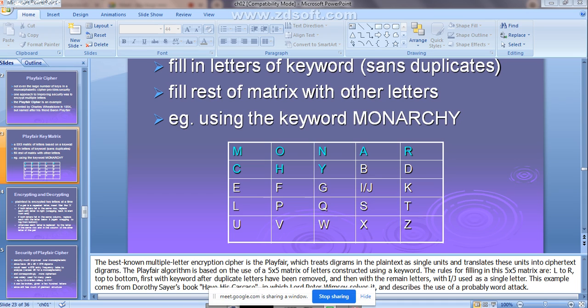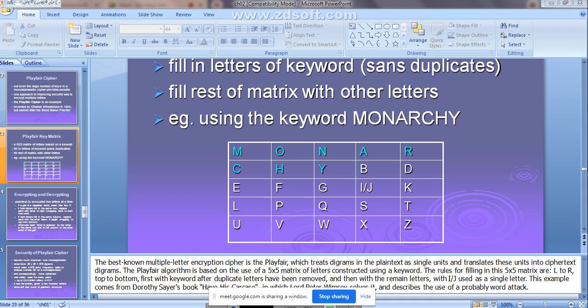Then, whatever cells remain will be filled with the remaining letters in alphabetical order. Which is the first letter in the alphabet?